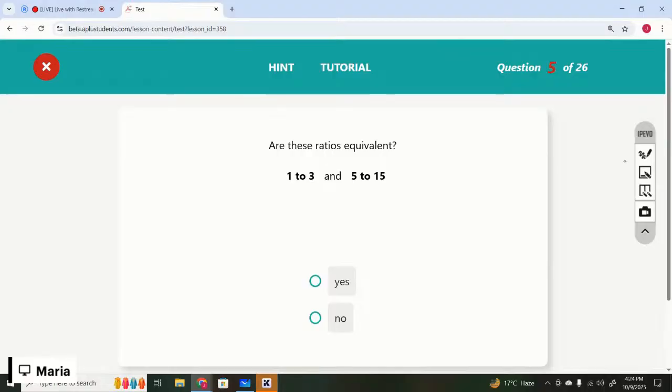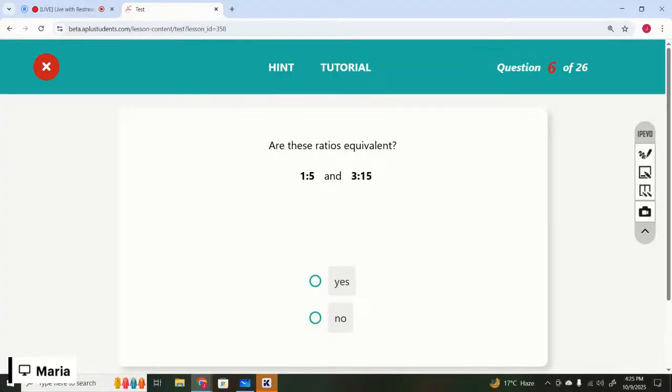1 by 3 and 5 by 15, are these ratios equivalent? 1 by 3 and 5 by 15, yes, they are the equivalent ratios.